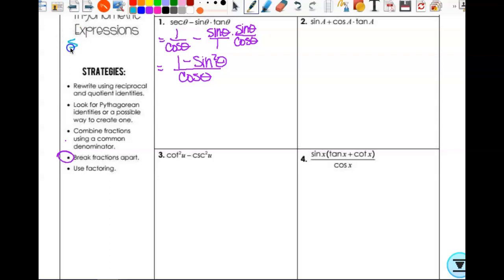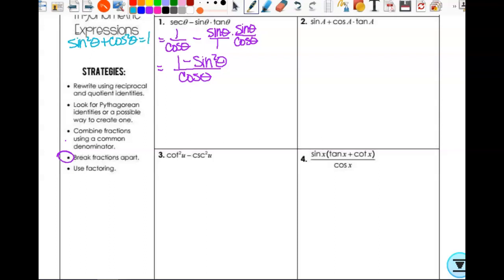So your chart says sine squared theta plus cosine squared theta equals 1. You have a few options on what you could do here. You could replace that 1 with sine squared plus cosine squared. That's fine. You could solve for sine squared and substitute something in for that. Or can you look at that and tell me what 1 minus sine squared equals?